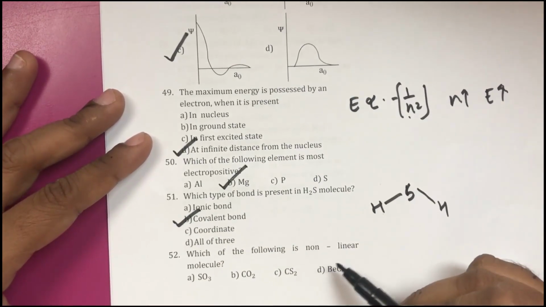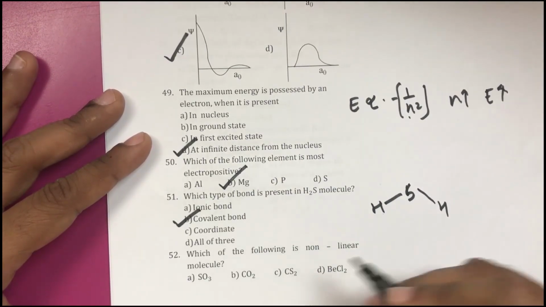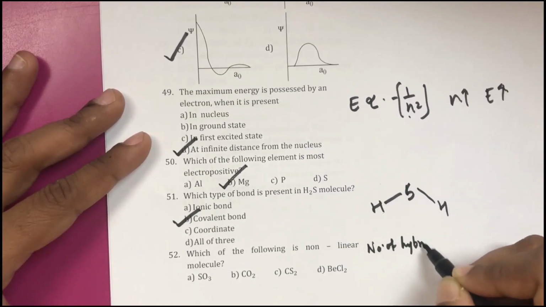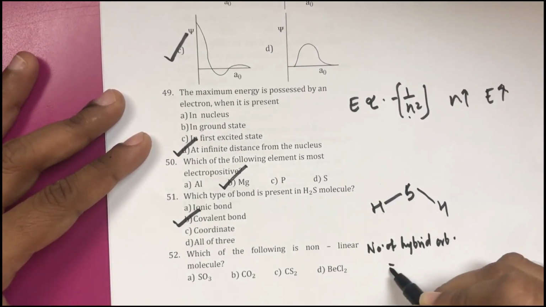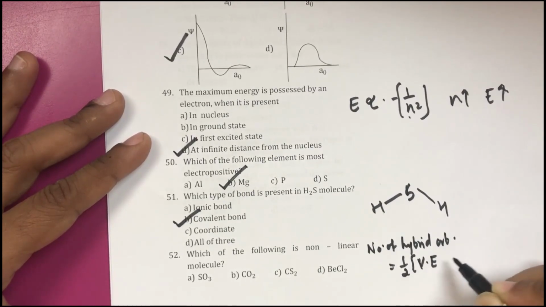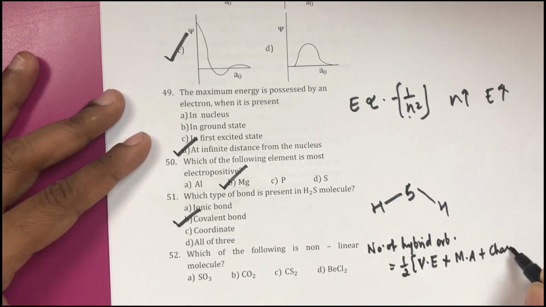Question number 52. Which of the following is a non-linear molecule? To find the hybridization, we have a formula: number of hybrid orbitals is equal to half into the number of valence electrons plus the number of monovalent atoms plus the charge on the anion minus the charge on the cation.